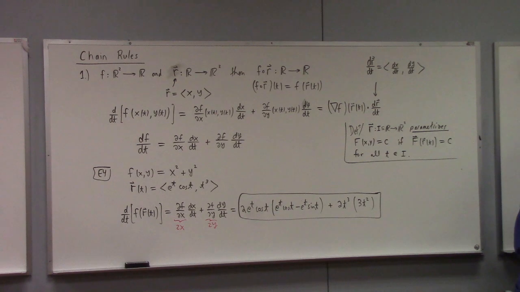So, theorem: the gradient vector field is perpendicular to the path which parameterizes f of x comma y equals a constant.